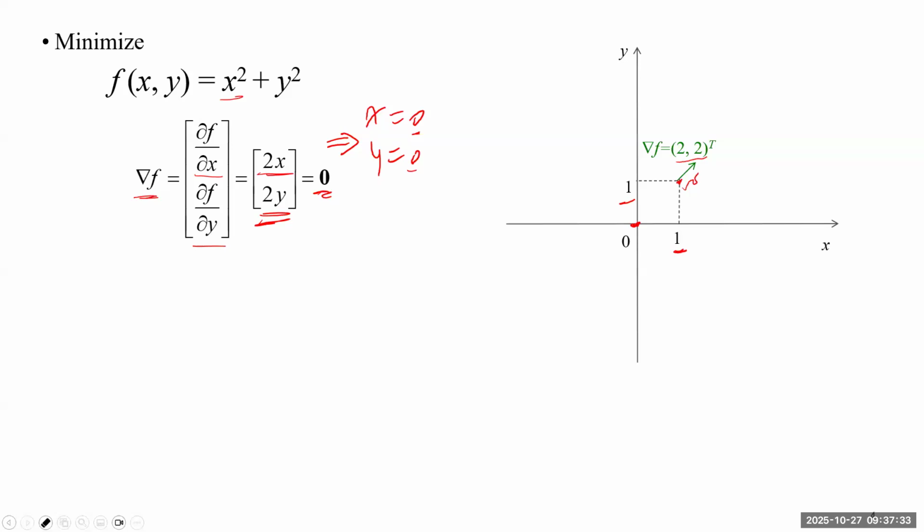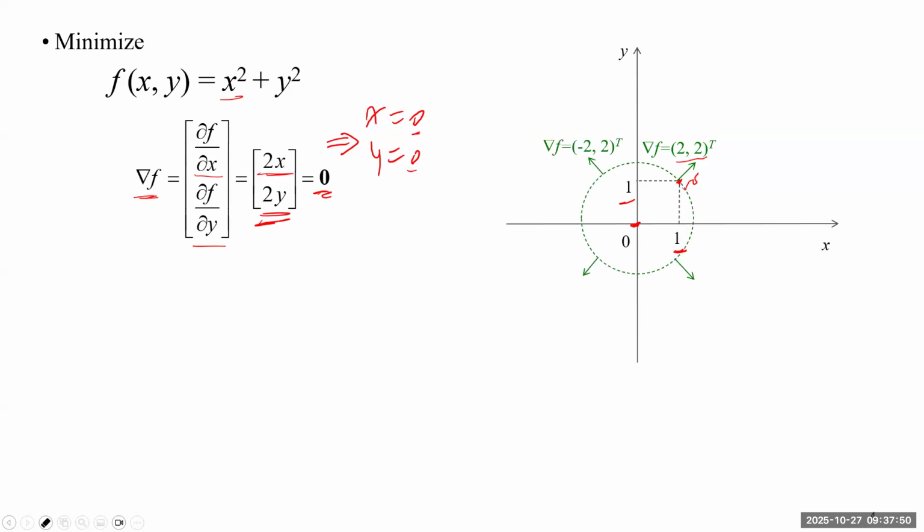And the direction of the gradient vector indicates in which direction the cost function will increase. So if you move further in that direction, you will have a longer gradient vector, so the cost function will also be bigger.